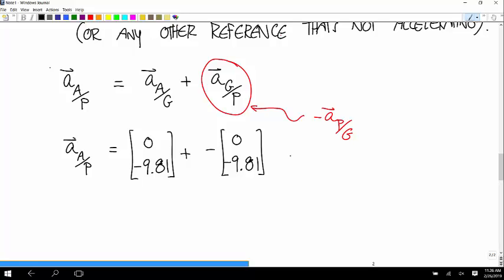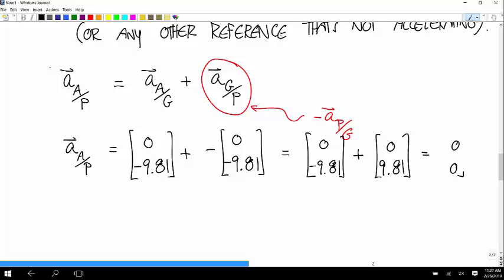Multiply that negative sign through, and you get 0, negative 9.81 plus 0, positive 9.81, and that gives you 0, 0. And so the acceleration of the astronaut relative to the plane is 0, 0, and that's why there's apparent weightlessness.